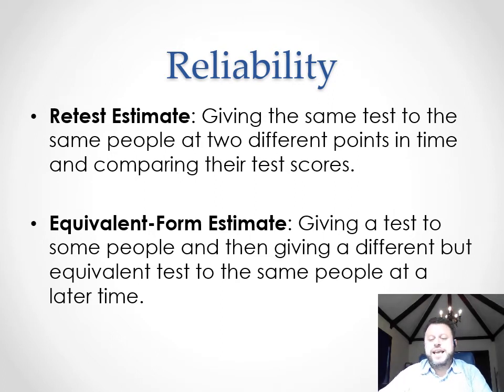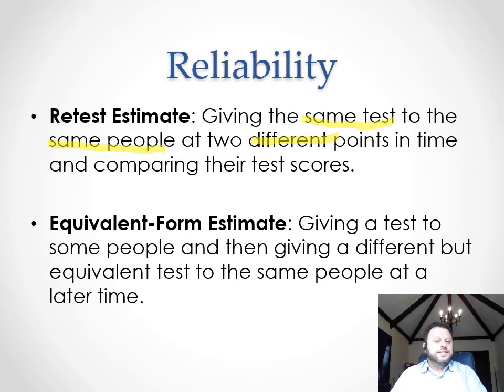With retest, we take the same test and we give it to the same people at different times. So I'm going to give you this honesty test or IQ test or skill test or whatever it is. I'm going to give you a test today, then I'm going to give you the same test 3 months later or 1 month later, 6 months later, and just make sure that you did approximately the same both times.